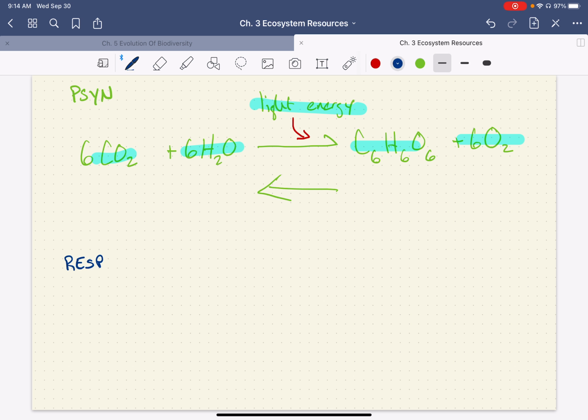that's actually respiration. So we have some sugar. In biology, I'm sure that we call this glucose, but it can actually be quite a few different things.